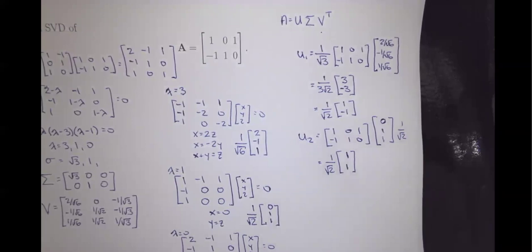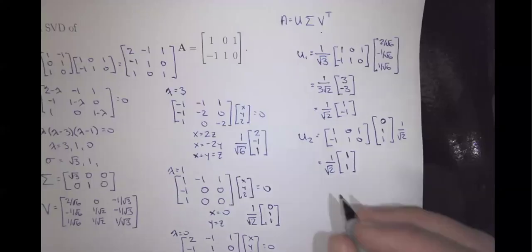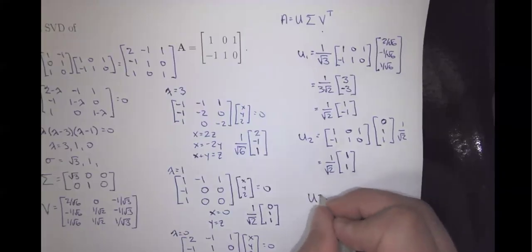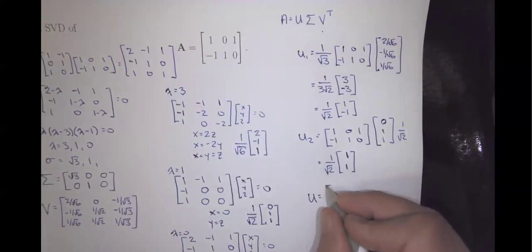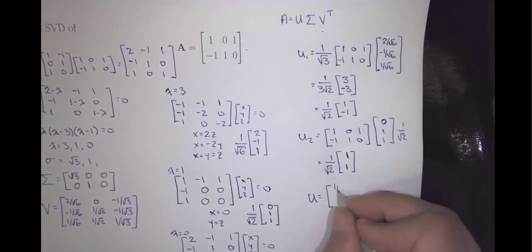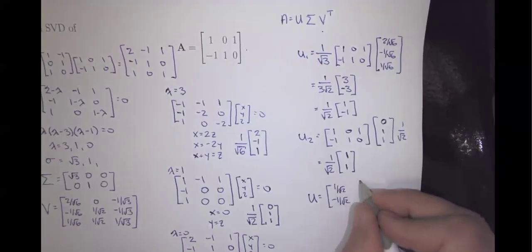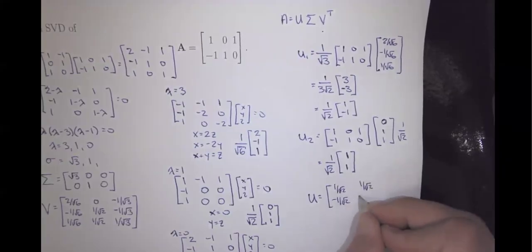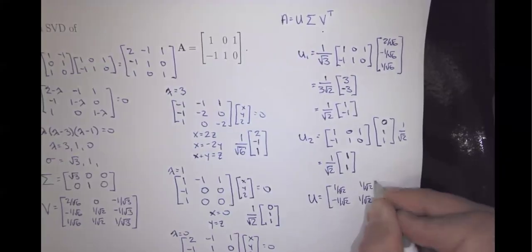So 1 over root 2 times 1, 1, which makes my matrix U: 1 over root 2, negative 1 over root 2, 1 over root 2, 1 over root 2.